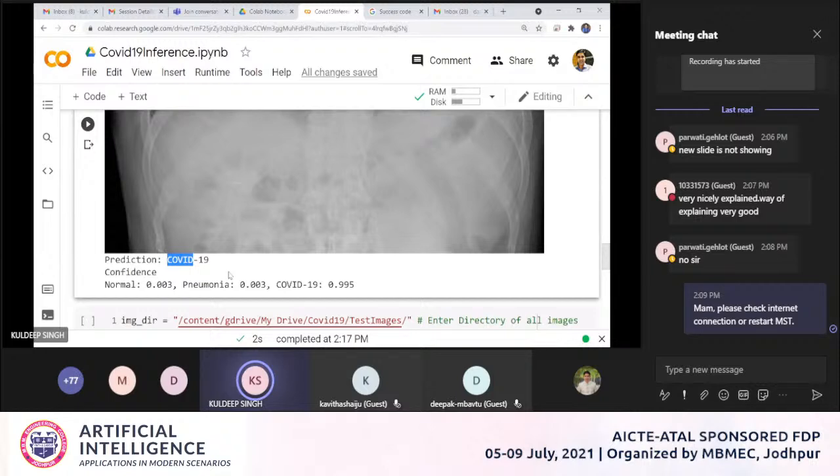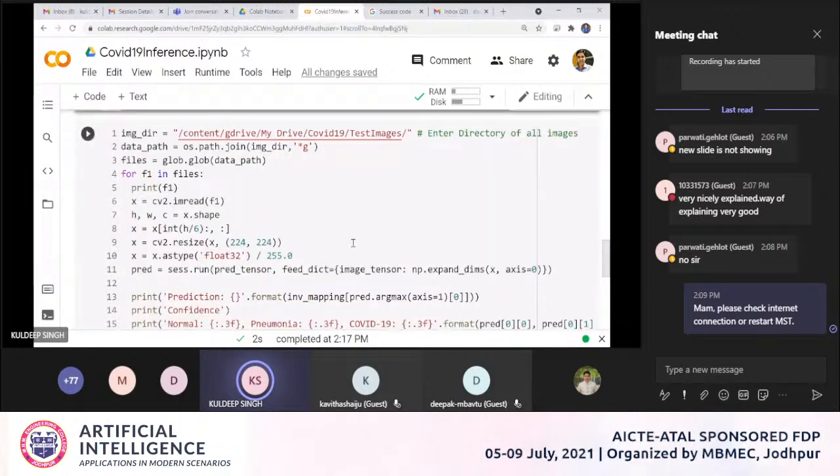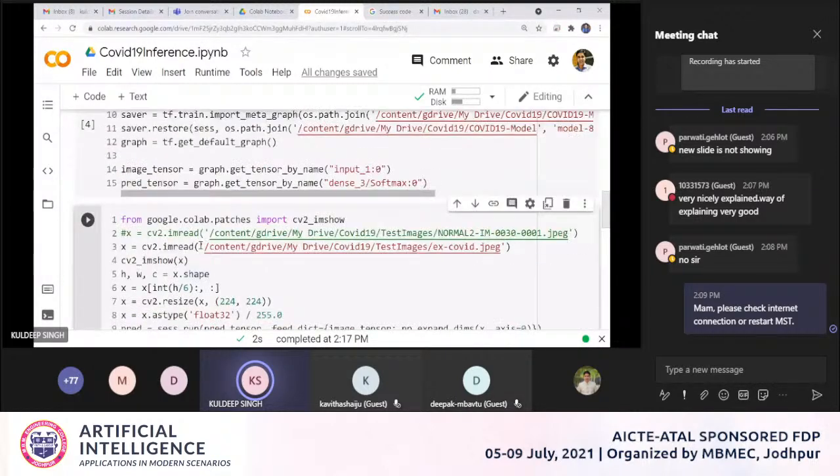Let's take another example. Suppose we are considering a normal image. This is a normal image. So we'll run this particular cell of the code, and now this particular image will be fed to the model.